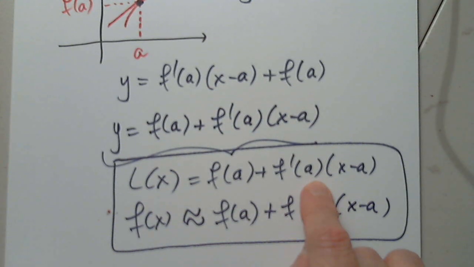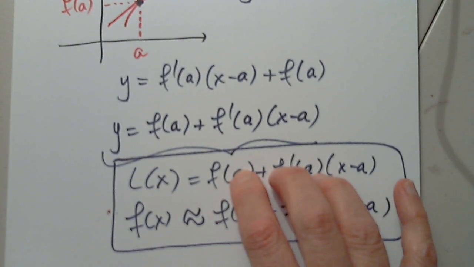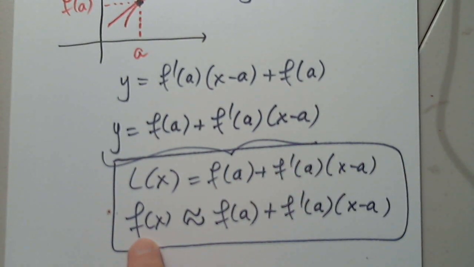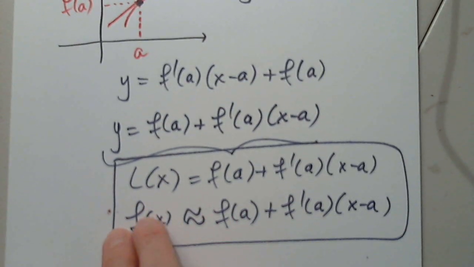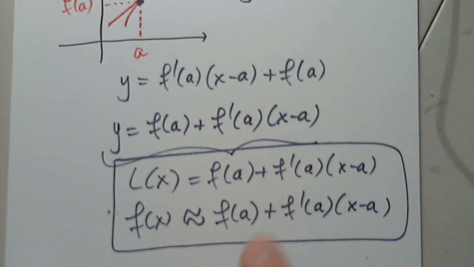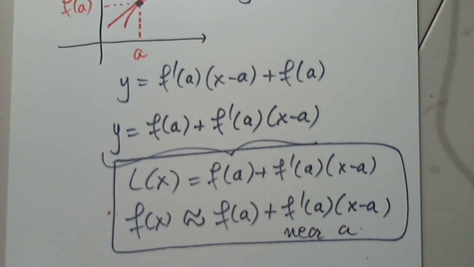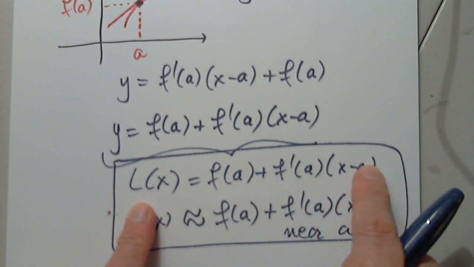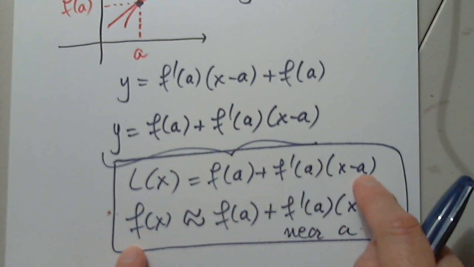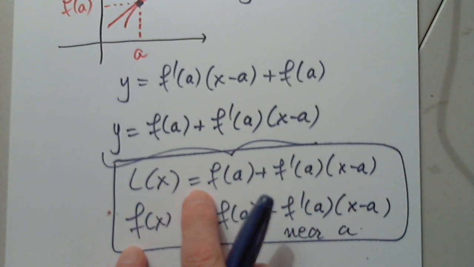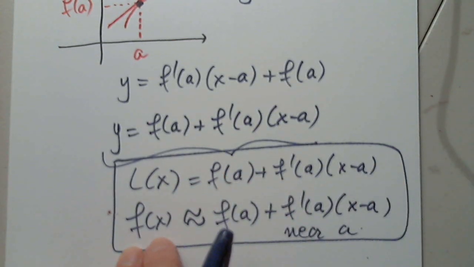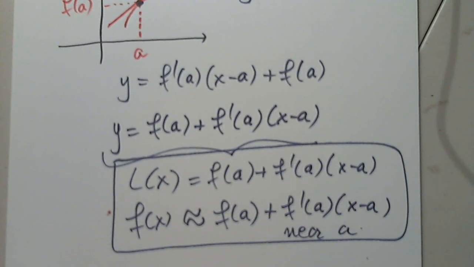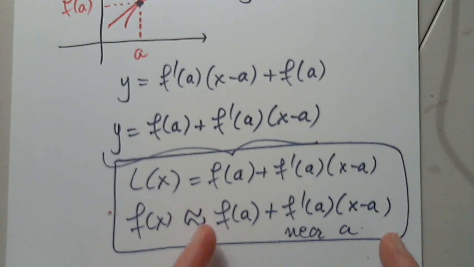This one says this is the equation of the line that approximates this function. This says f of x is approximately this near a. One more time: the linearization equals this, the line that approximates this function. This one says f of x is approximately this near a.